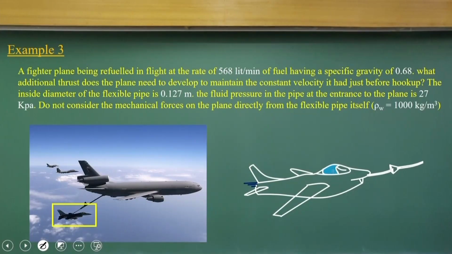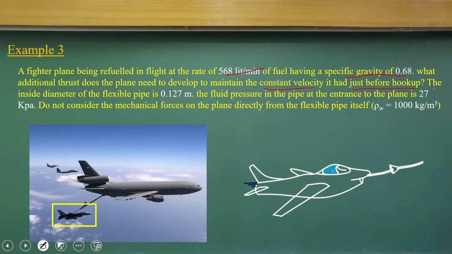Let us take another example. A fighter plane being refueled in flight at the rate of 568 liters per minute of fuel, having specific gravity of 0.68. What additional thrust does the plane need to develop to maintain the constant velocity it had just before hookup?